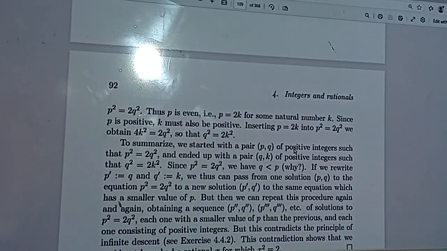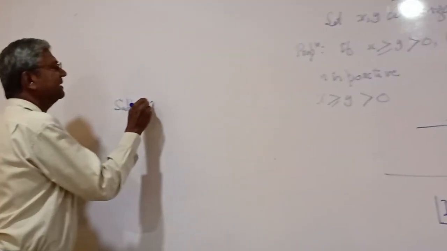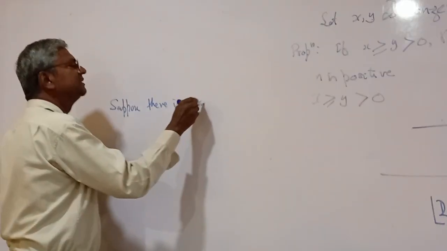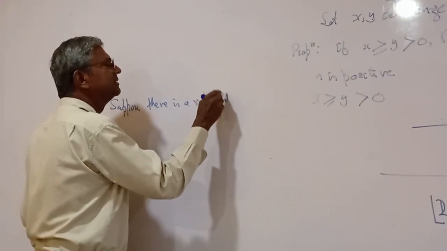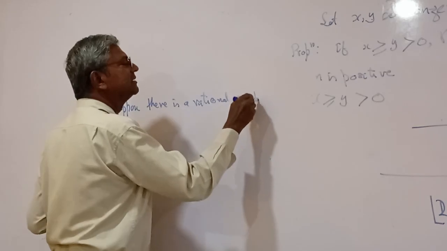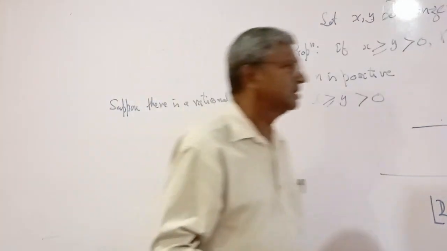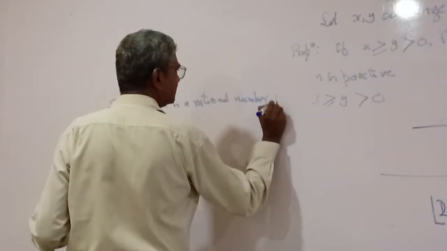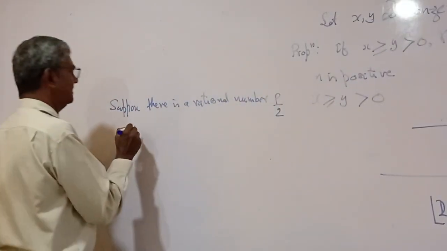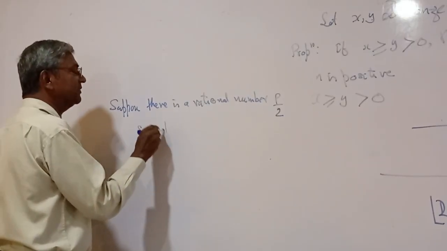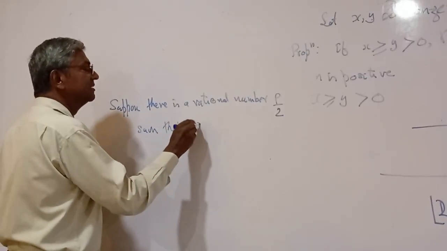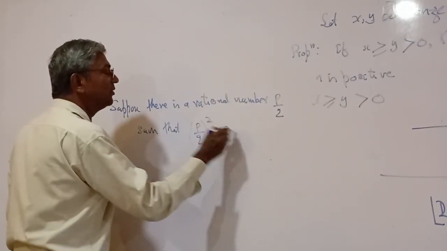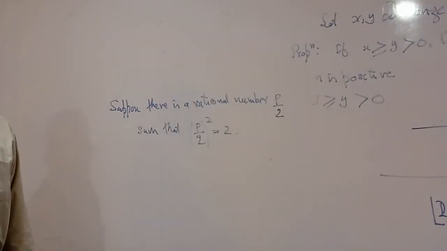Suppose there is a rational number P over Q such that, not writing precisely but the idea, P squared over Q squared equals 2. P over Q whole thing squared is 2.